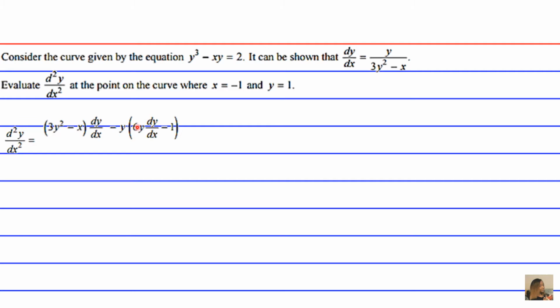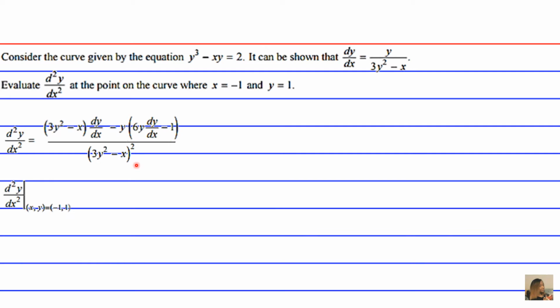So this is the chain rule in action. And then the derivative of minus x with respect to x is just going to give you 1, all over the term in the numerator squared. So this is generally what the quotient rule produces in differentiation.